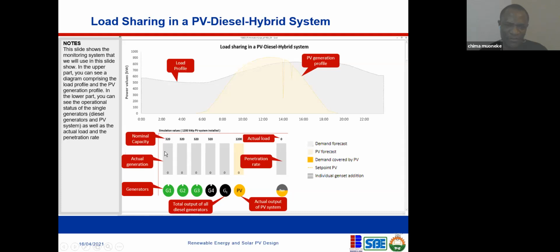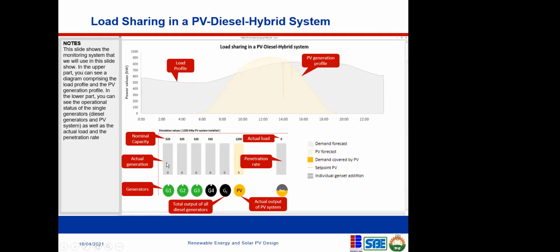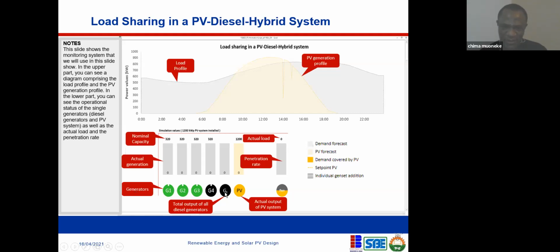Now these bars that you're seeing here will represent the actual generation of the generators. So this is generator 1, generator 2, generator 3, generator 4. Now this is the total generator capacity. So a combination of what all of the generators are producing will fuel this bar, whereas this bar here is for the PV system.